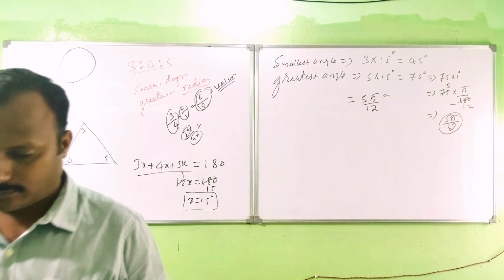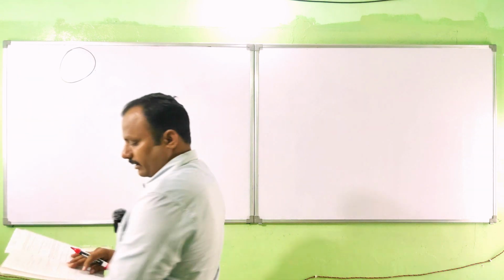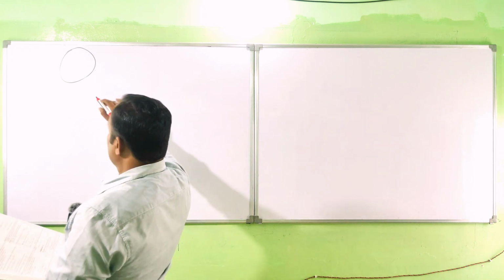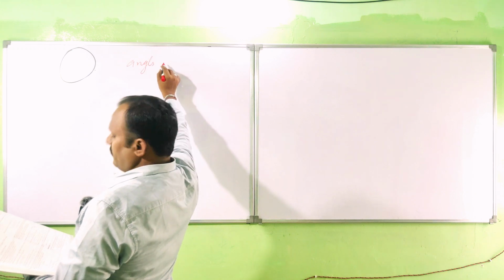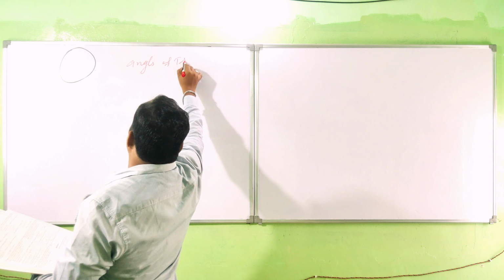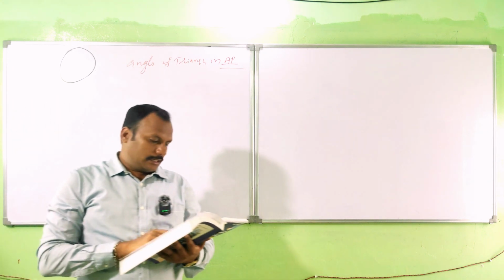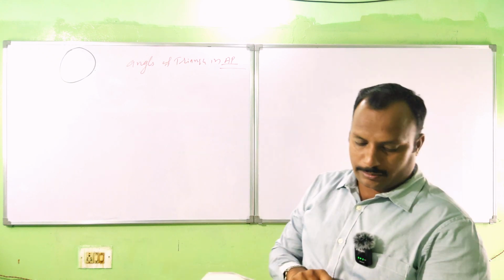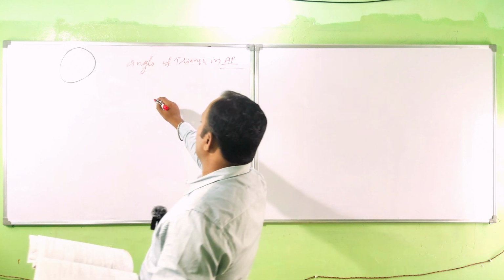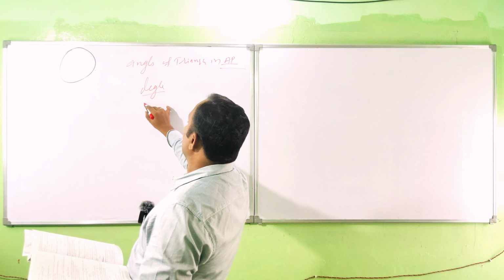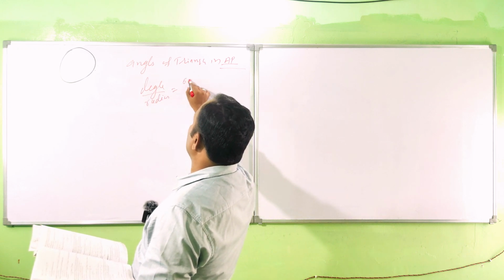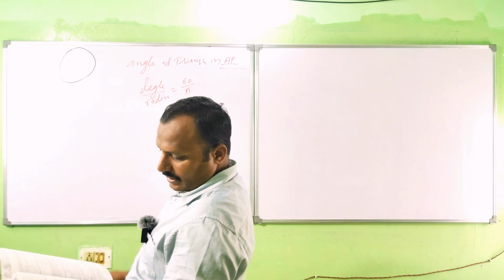Next question. The angles of a triangle are in AP, and the number of degrees in the least to the number of radians in the greatest is 60 by pi. Find the angles in degrees and radians. The angles of the triangle are in AP, arithmetic progression. The number of degrees in the least to the number of radians in the greatest is 60 by pi.